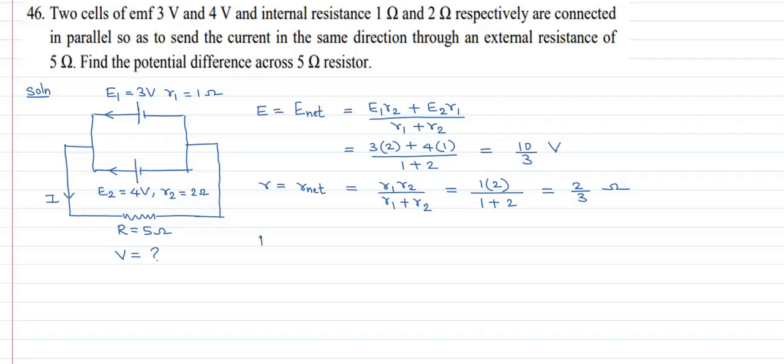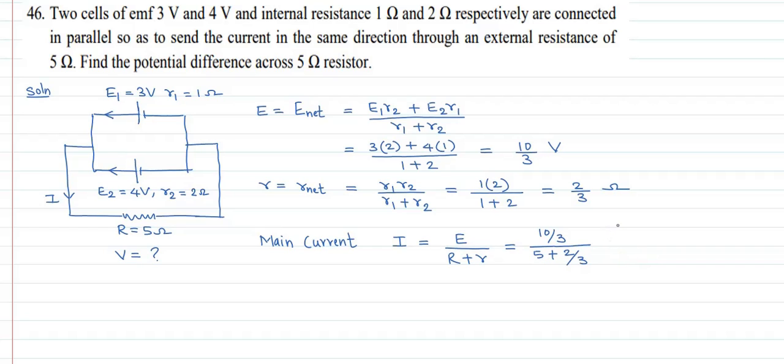Then third, main current or total current I, that is current through external resistance. I is equal to E by R plus r. Now I will substitute these values. E is 10 by 3 divided by 5 plus 2 by 3.